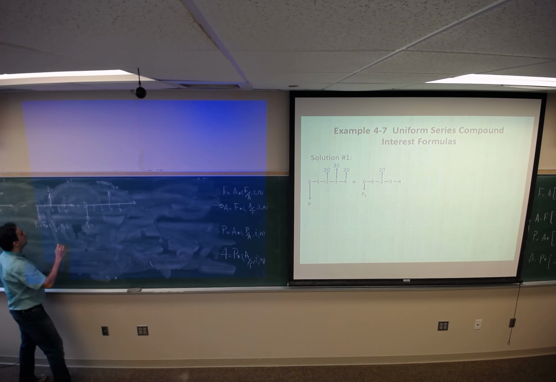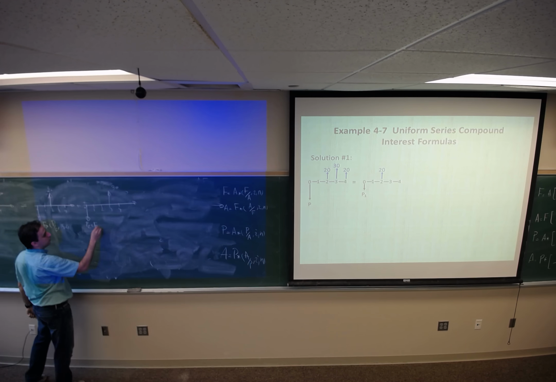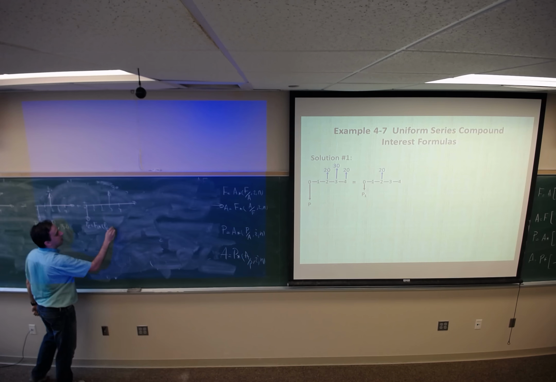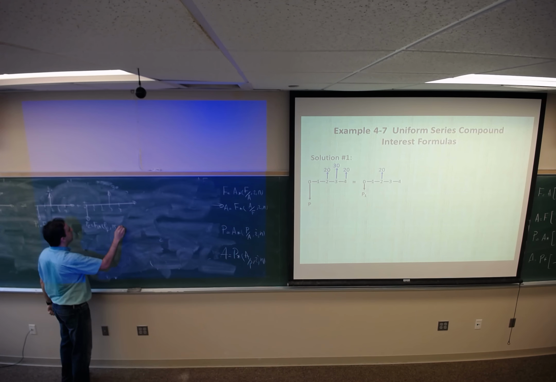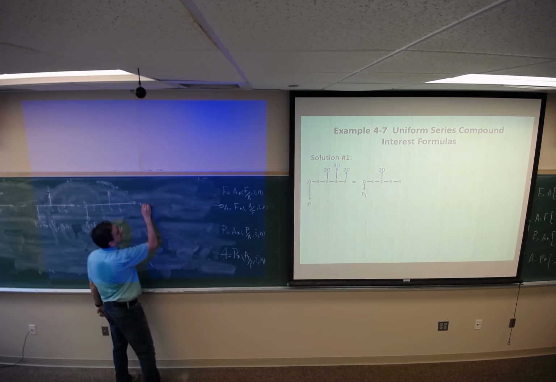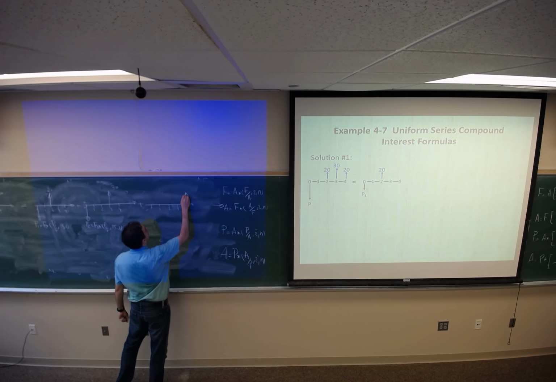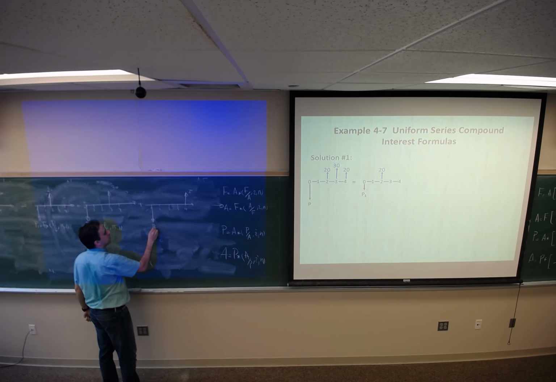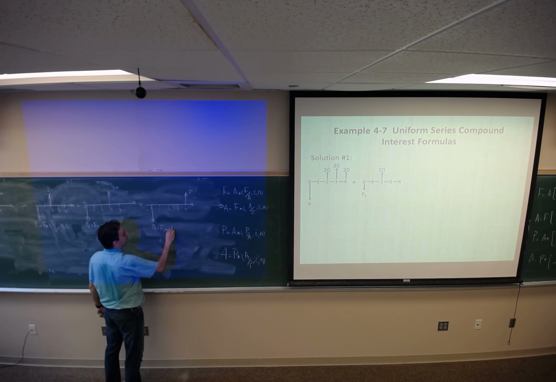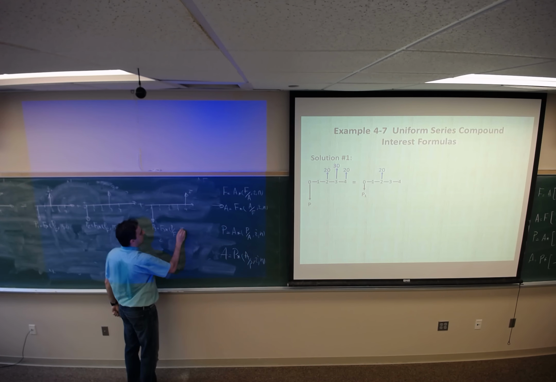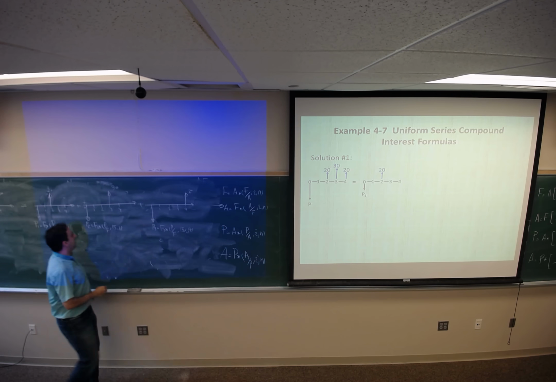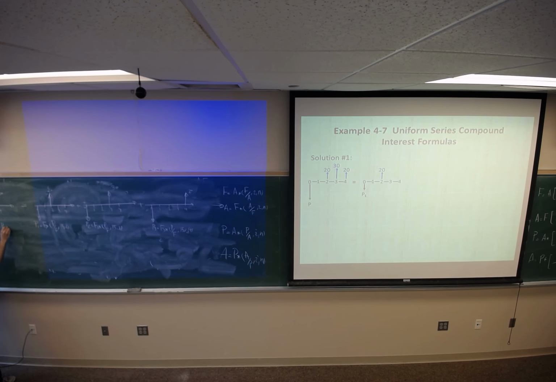Find P2, which is F2, which is 30 times P over F, I is 15%, N is 3. And last one is $20. Similarly, find P3. And then add them up. This is one way that you can do.